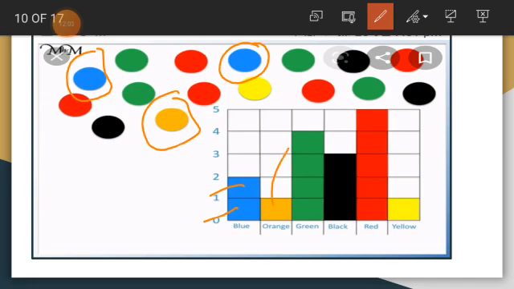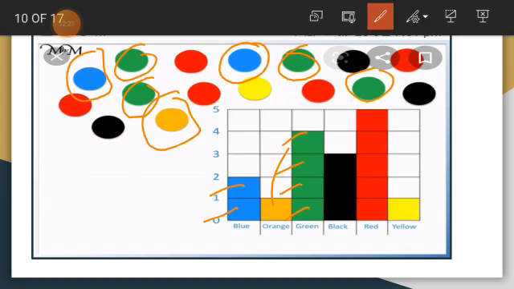So you will color only 1 block. Now count how many circles are green. 1, 2, 3, 4. So you will color the 4 blocks in green.